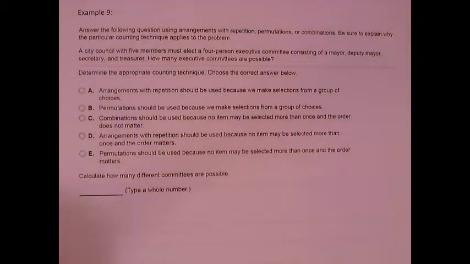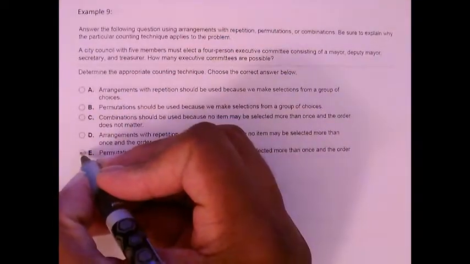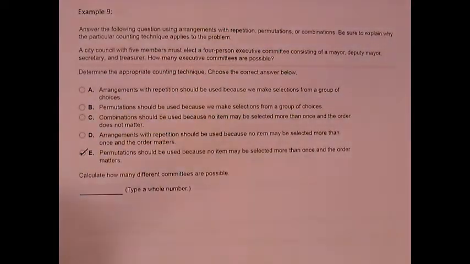Here, a city council with 5 members must elect a 4-person executive committee consisting of a mayor, deputy mayor, secretary, and treasurer. How many executive committees are possible? So here you can see this is going to be a permutation problem, and that's because no item may be selected more than once and the order does matter.